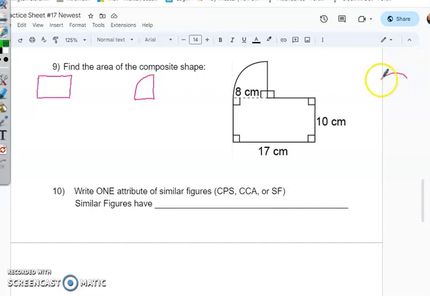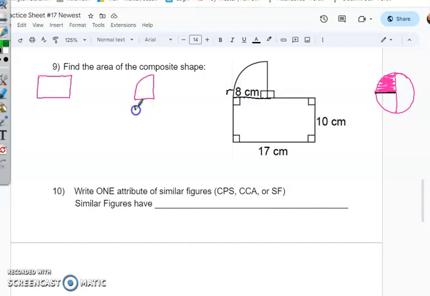So if you think about a quarter circle, that would be like this. So this measure from here to here is the radius. So that's a radius right there.